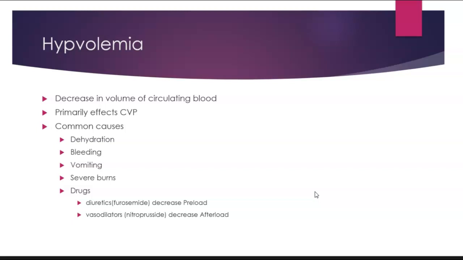Even though I didn't lose volume, since it's still in my vasculature, I still lost that volume in the sense that it's all spread out throughout my body and it's not returning. There's not enough pressure underneath it to return it to the heart and have it participate in gas exchange.